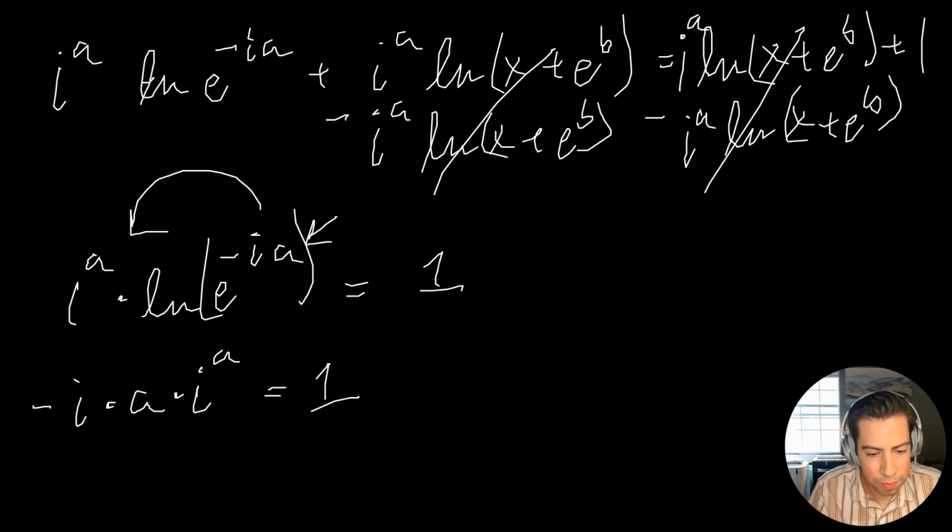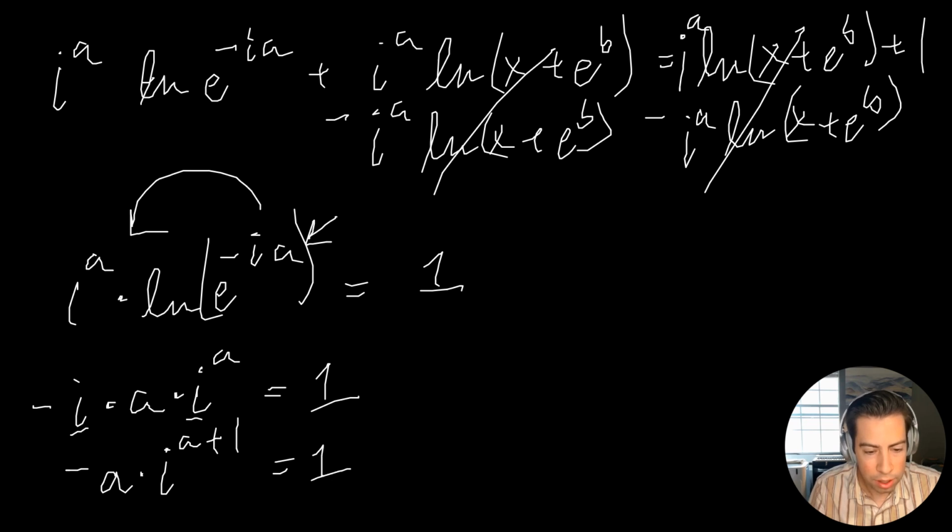That has to equal 1. All right, guys, so now we want to ask ourselves what value of a could give us these two things right here. Actually, hang on, let's simplify it one more time. So now I'm going to combine these two i's here. So I'm going to get negative a times i to the a plus 1.